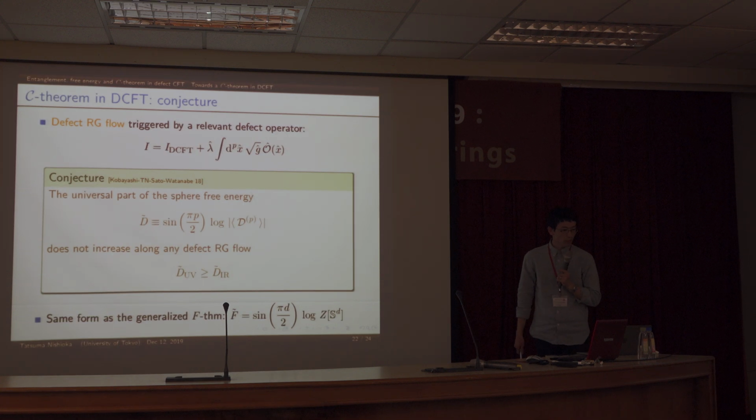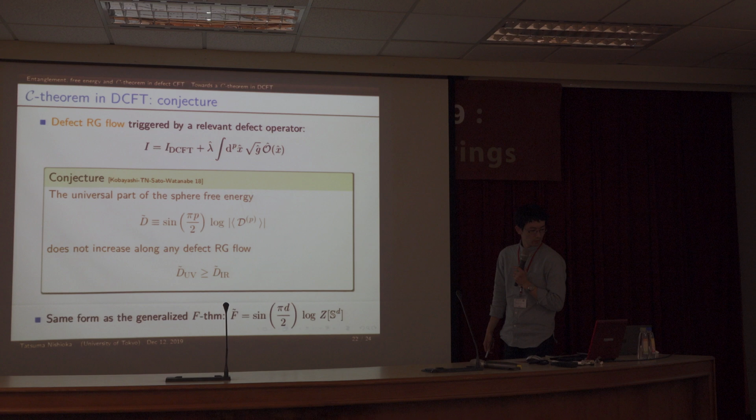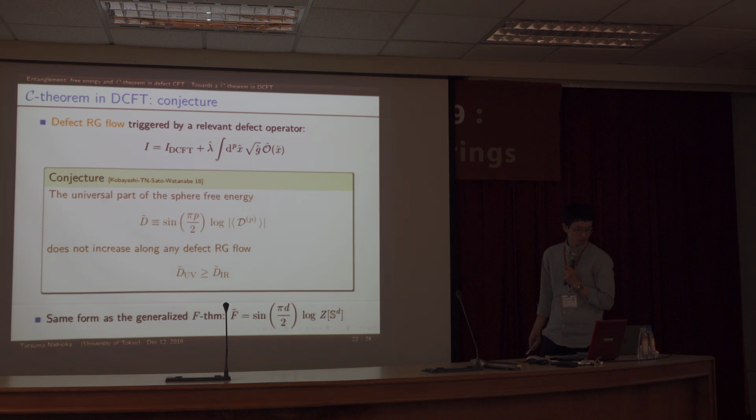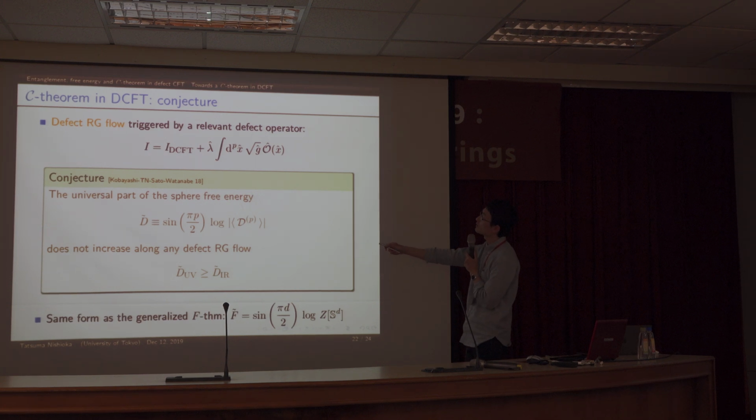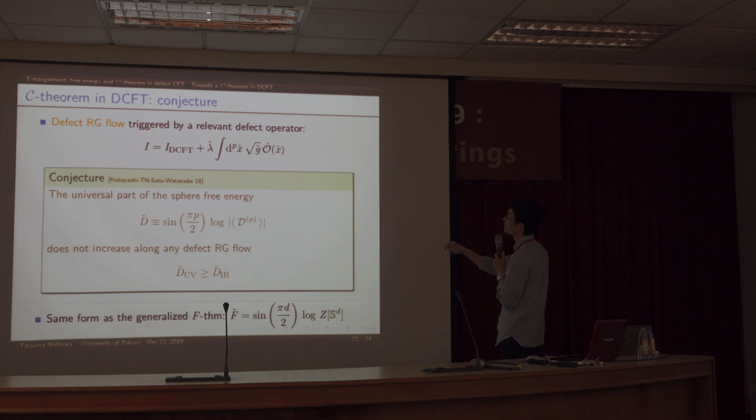Okay, but now we make a conjecture. So first, we consider so-called defect RG flow. Defect RG flow means that basically it's a relevant perturbation, but the relevant perturbation is now restricted to the p-dimensional defect.